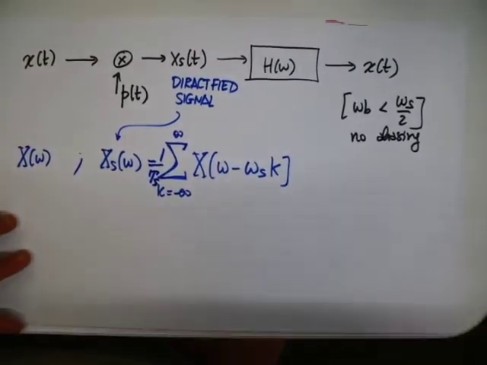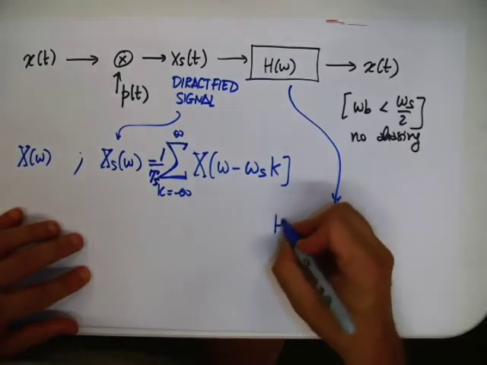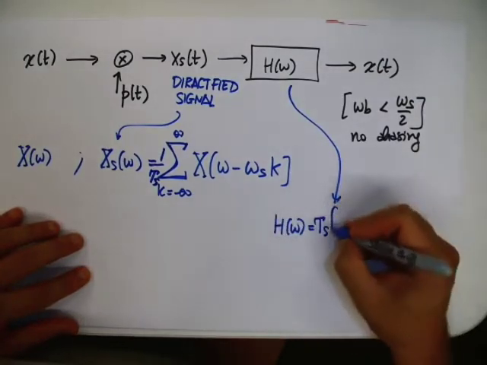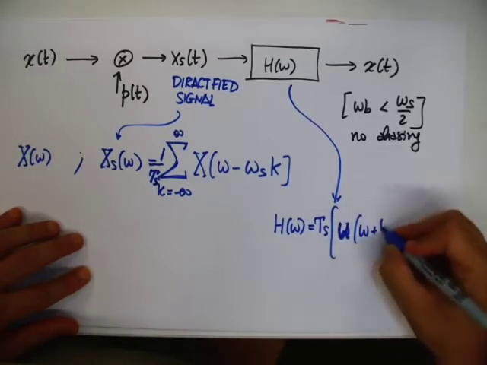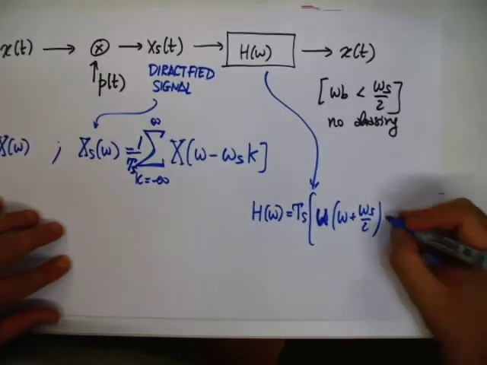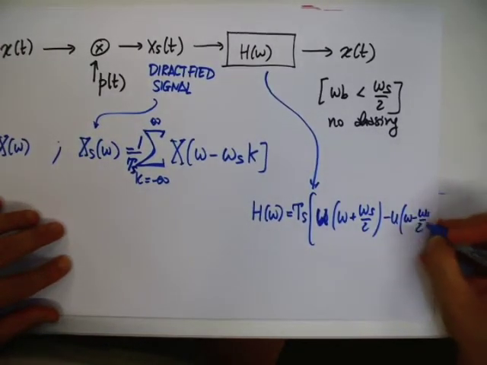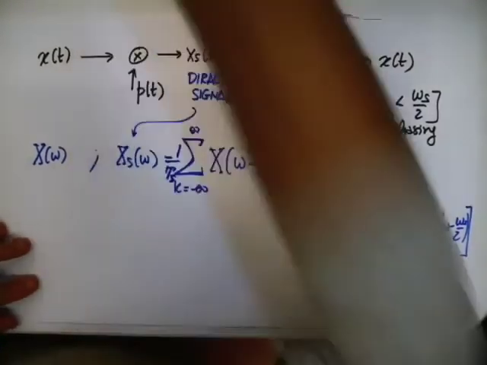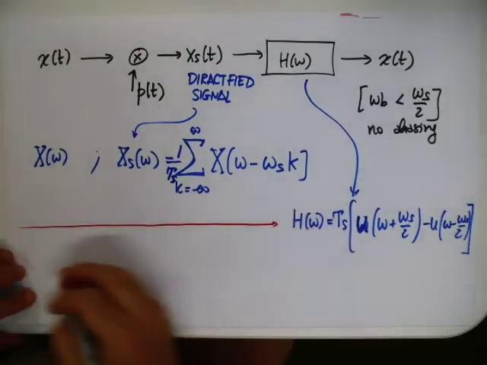Okay, and the filter was given by a box filter, given by u of omega plus omega sub s divided by 2 minus u of omega minus omega sub s divided by 2.